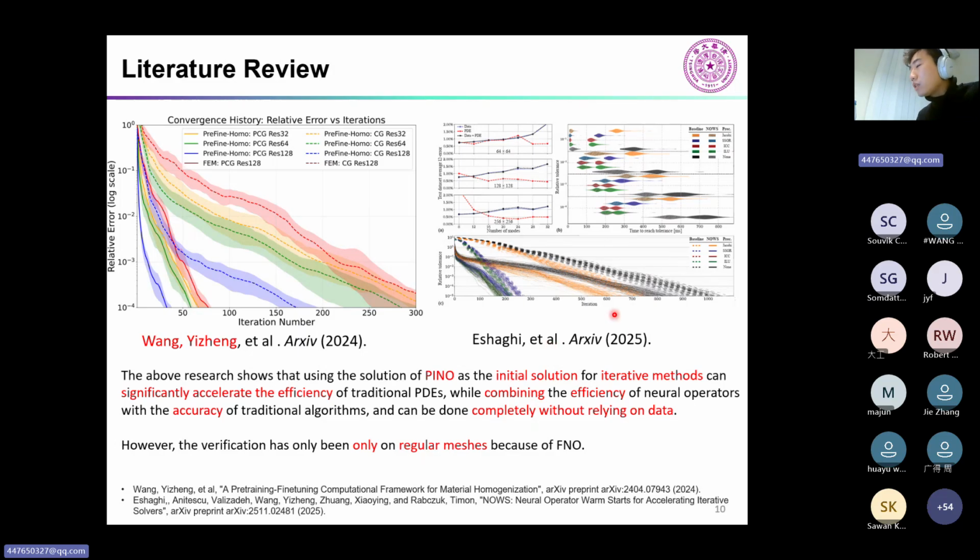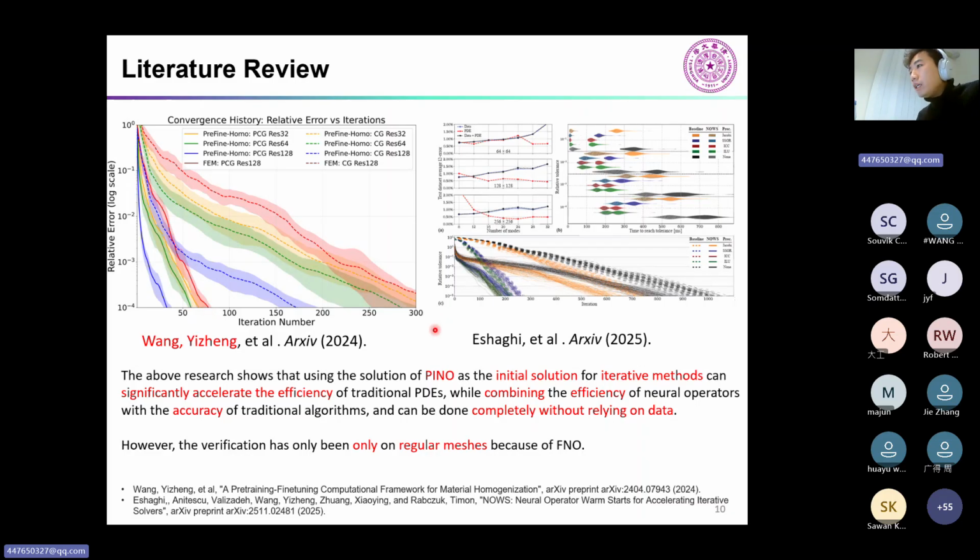It's called NOWS, N-O-W-S. This is his iteration number, as you can see. For example, this red line uses the initial solution from PINO. This other line is like the zero initial guess in the traditional method. To get the same convergence value, you can see the iteration number is maybe 16, versus the traditional method, maybe over 300.